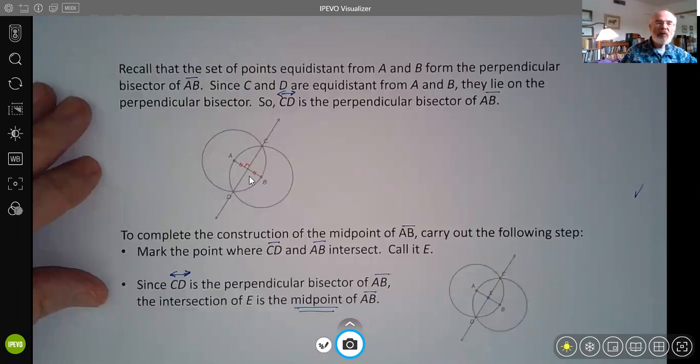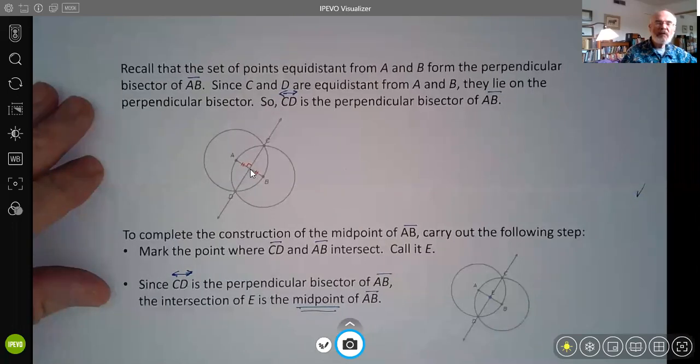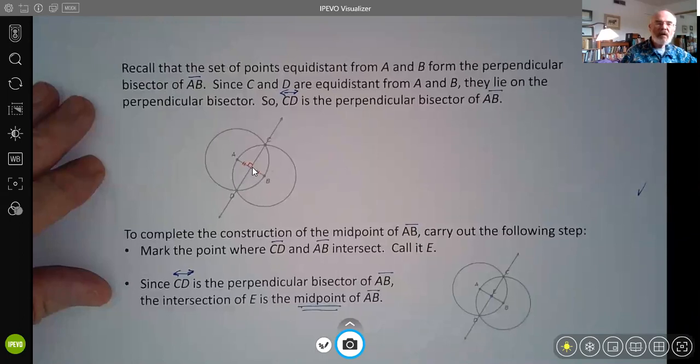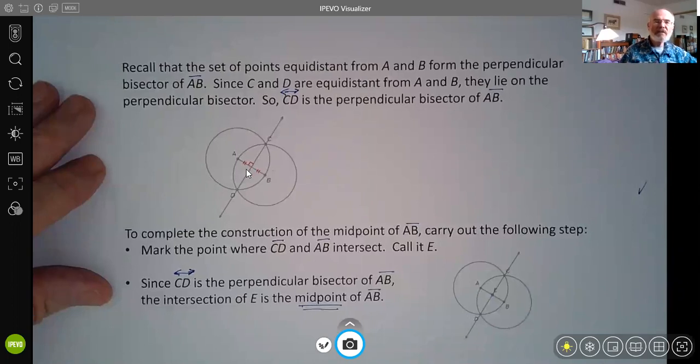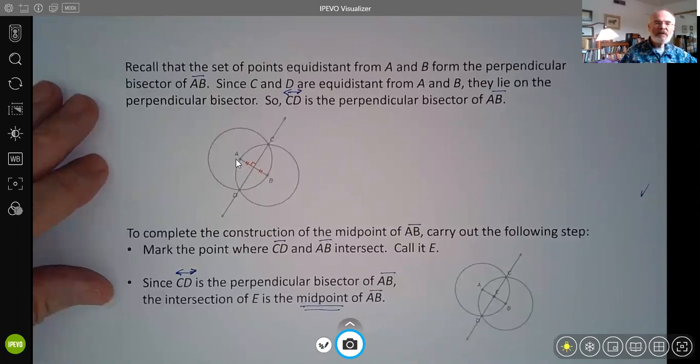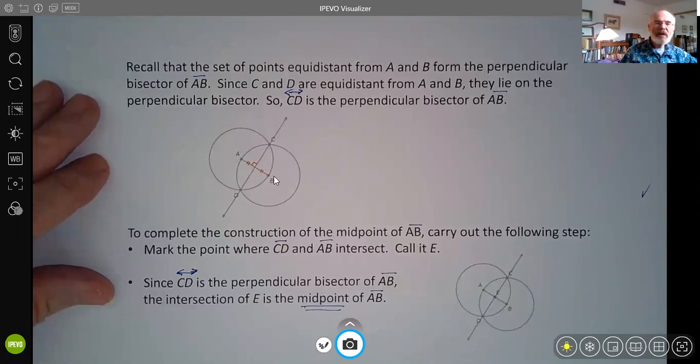Why do we know that? Well, we already have figured out that the distance from A to the center here, where the 90-degree angle is, is equal to the distance from that 90-degree angle, an unnamed point there, to B. So this has got to be a perpendicular bisector.